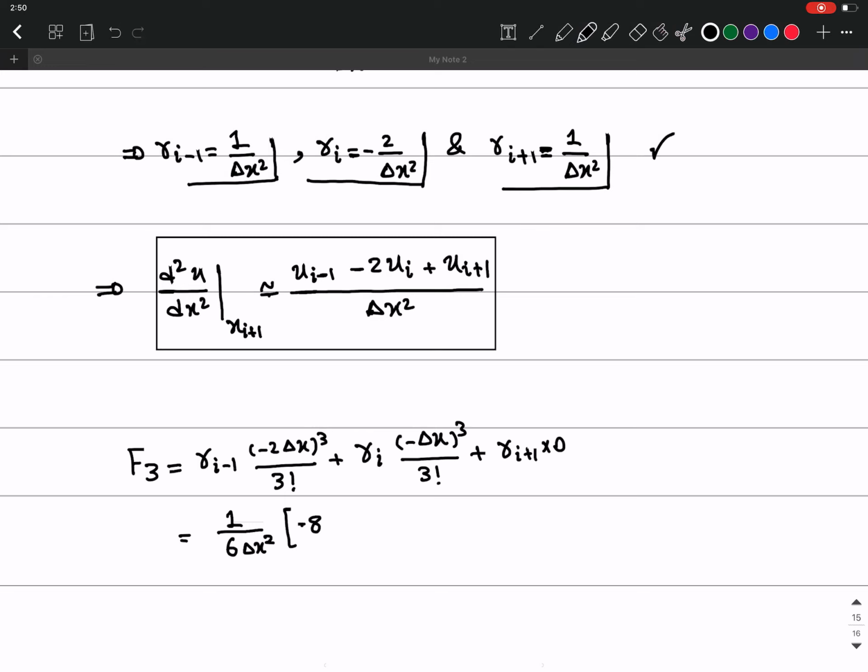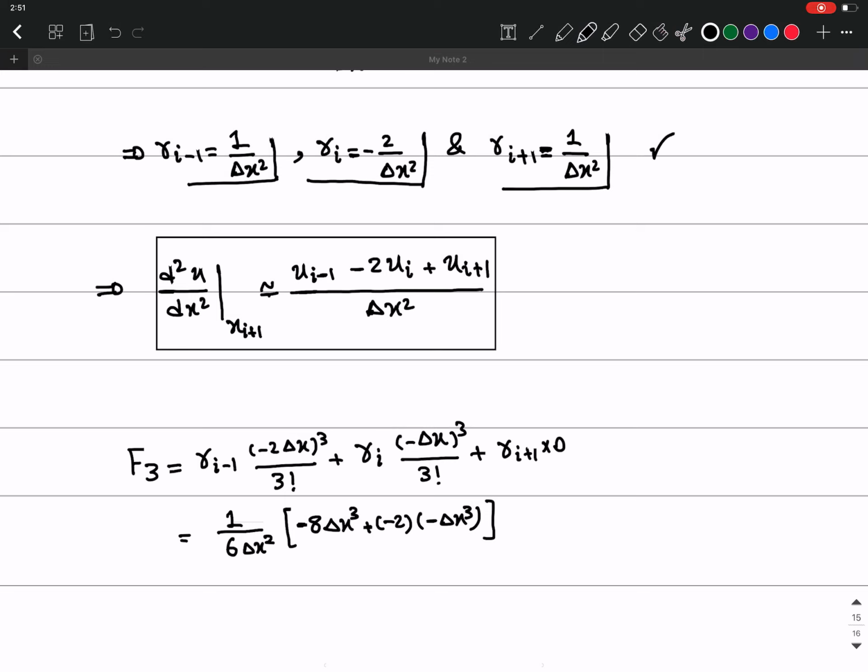So the only thing that remains is minus 8 delta x cube. The second term is going to be plus minus, we have a minus 2 here, so I'm just going to write it down: plus minus 2 times minus delta x cube, right?